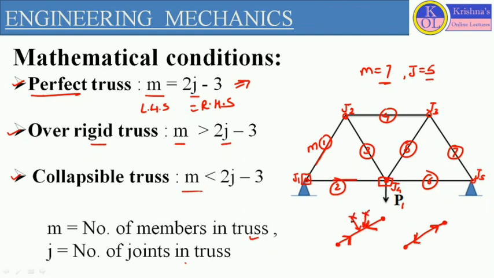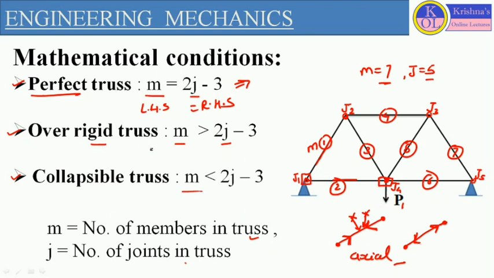These two conditions are not considered over the member. Only axial loading is considered over the member, and external loading is at the joint. So axial loading is along the member, and this axial loading is the effect of the external loading applied on the frame. These points you have to remember.